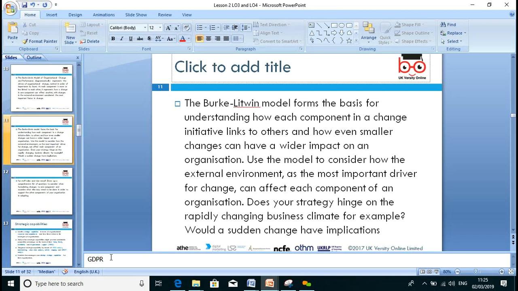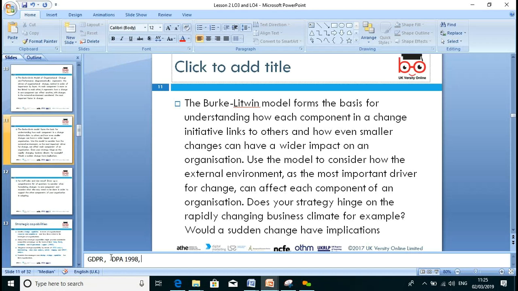Has anybody heard about GDPR, especially those in the UK? It's the General Data Protection Regulation. We used to have the DPA, the Data Protection Act 1998, because we need to keep clients' information confidential.